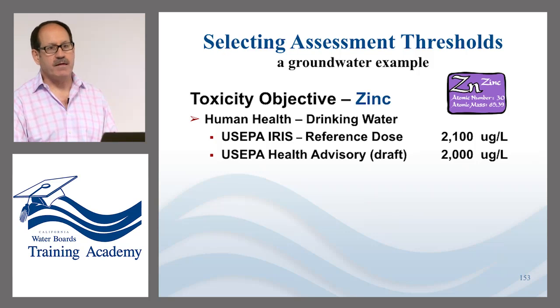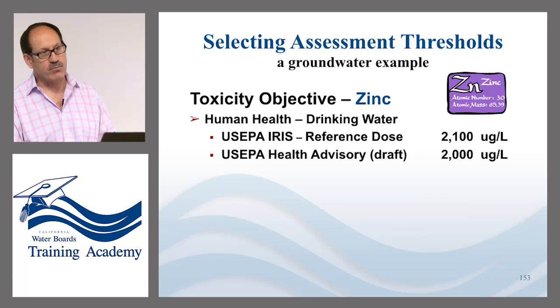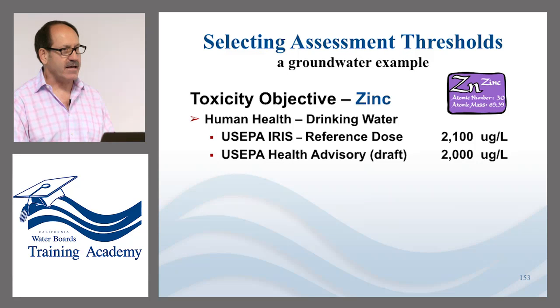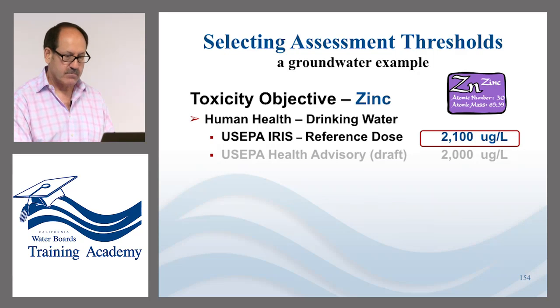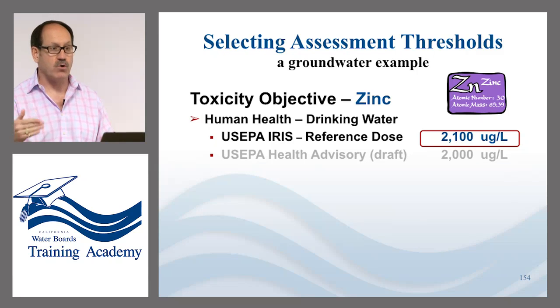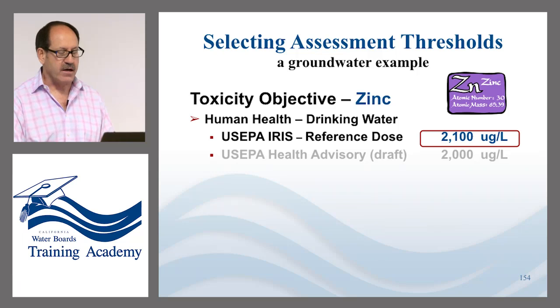So first of all, because the health advisory is marked draft, we're likely not going to want to use that because it wasn't finalized. Realize in this case, though, it's actually just rounded off to 1 significant figure from the reference dose in IRIS. We're going to use the IRIS number. Those are updated much more regularly than health advisories, and it's not a draft value.